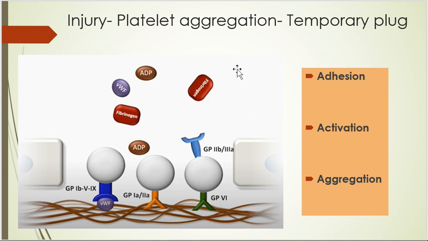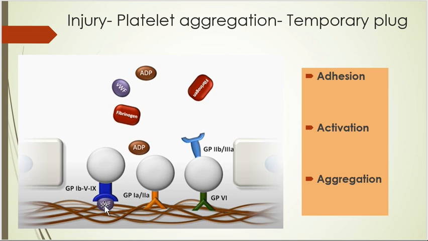This slide is just to show you how platelet aggregation occurs, which is the basis of this practical. Whenever there is damage to the endothelium, the exposed collagen and the endothelium secrete a factor, which is VWF, von Willebrand factor. These white-colored cells are platelets, and they have receptors for this factor. As this factor is released, platelets flowing in blood attach to it.